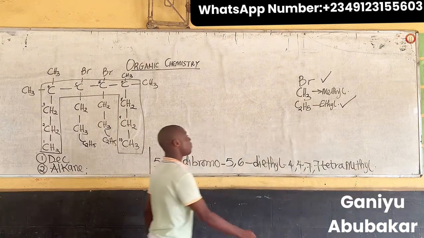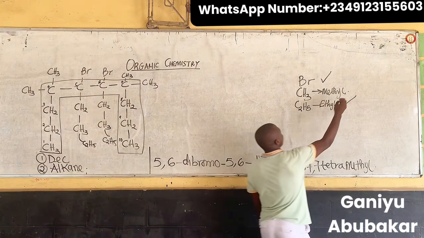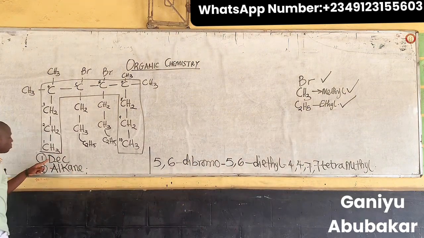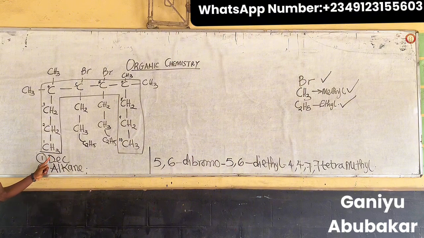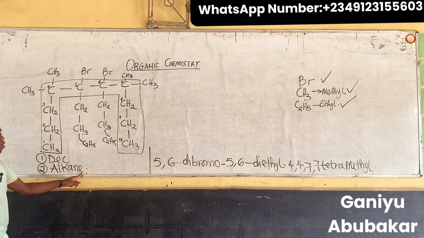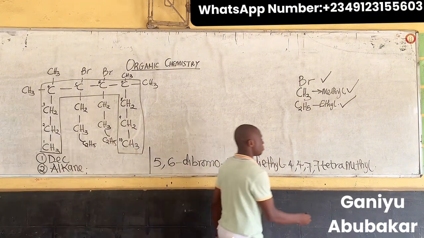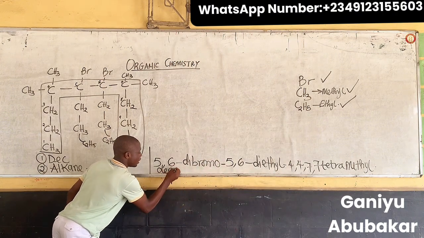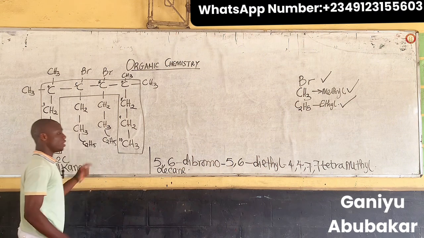All right, so I'm done with methyl. Finally, the original name of the compound, that's decane, right? I'll mix dec and ane together. That becomes decane.